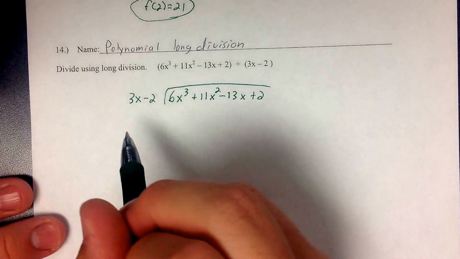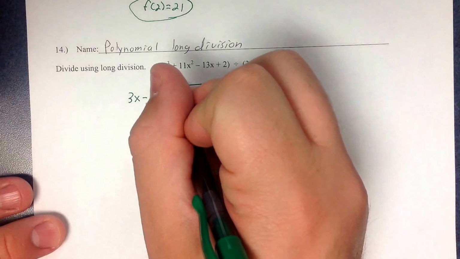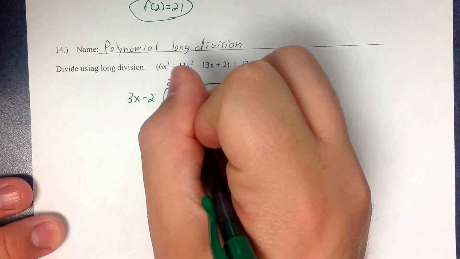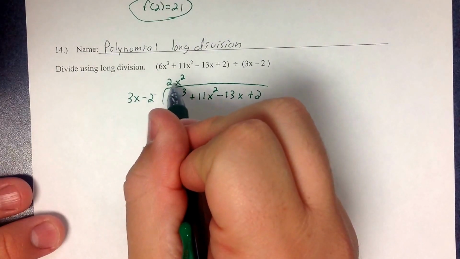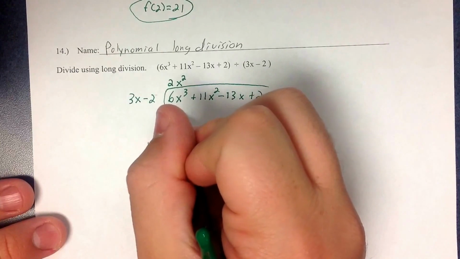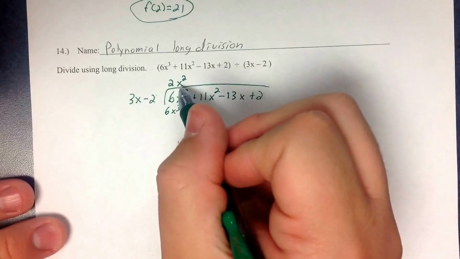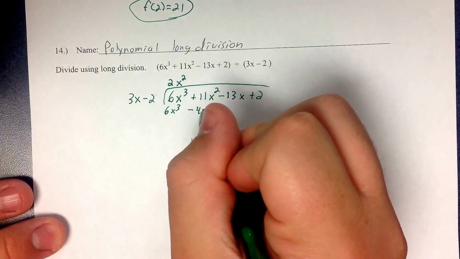So again, we're figuring out how many times 3x goes into 6x cubed. So 3 goes into 6 2 times, and I need 2 more x's, so x squared. So then I multiply 2x squared times 3x, which is 6x to the third. 2x squared times negative 2 is negative 4x squared.